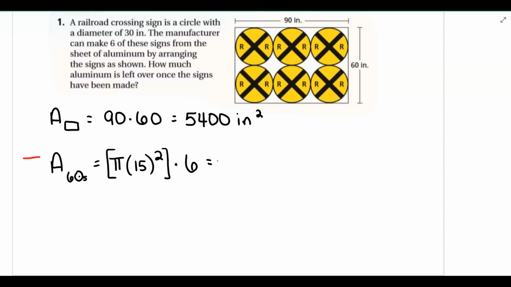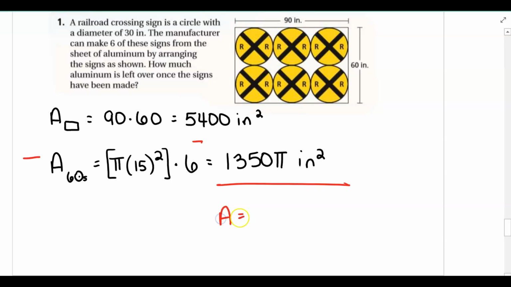Then 225 times 6 gives me area for all 6 of 1,350 pi inches squared. And like we said, now we subtract. 5,400 minus 1,350 pi tells us that the area left over is approximately 1,158.8 inches squared.